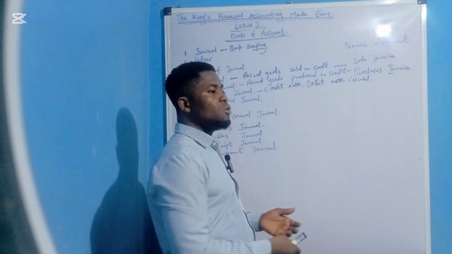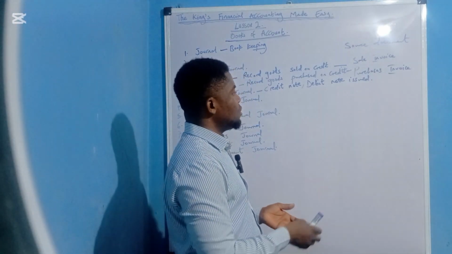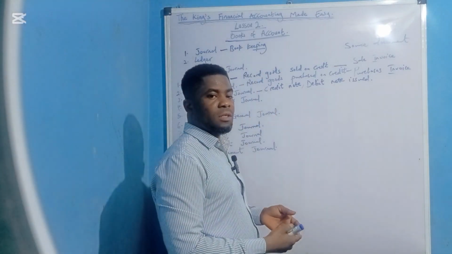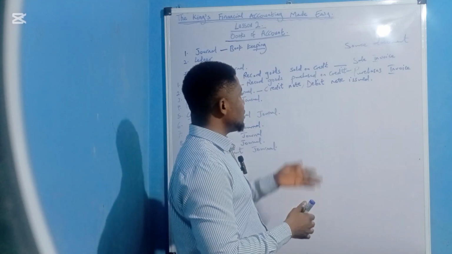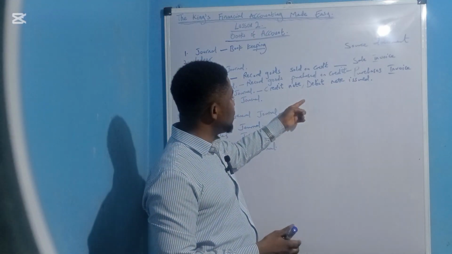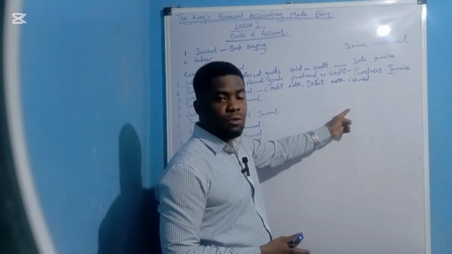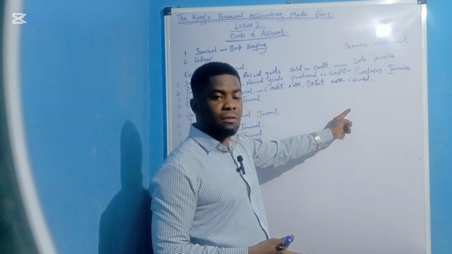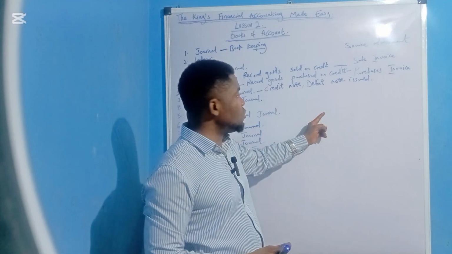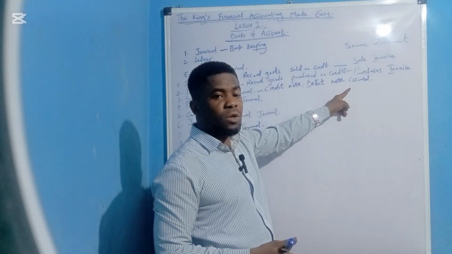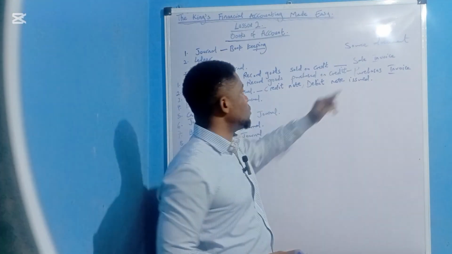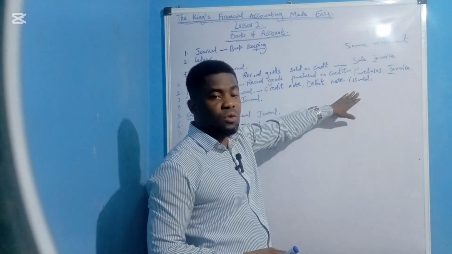Maybe you have omitted a particular stock that you supplied. Let's say you have sold goods of 10,000 naira, and what you have written down is 8,000, and you have issued that invoice to the customer. That is an undercharge of 2,000 naira. So you are going to issue a debit note to correct that undercharge of 2,000 naira. So that is what the debit note is.